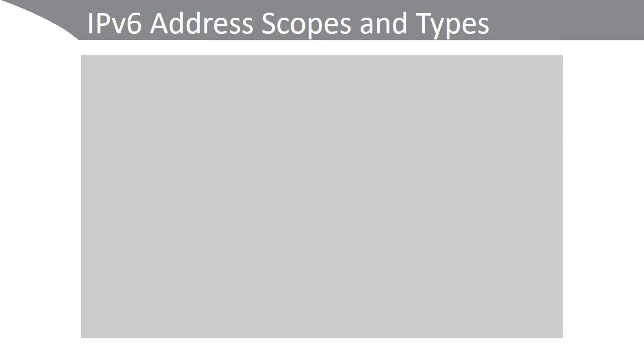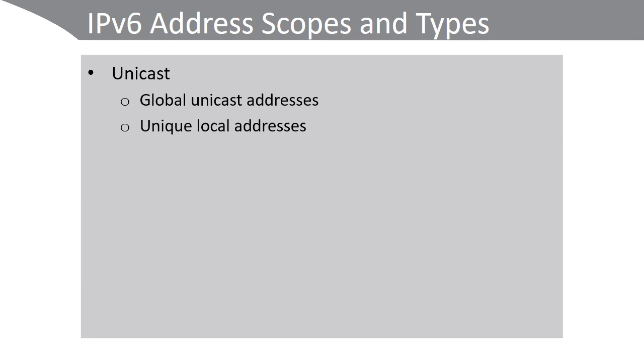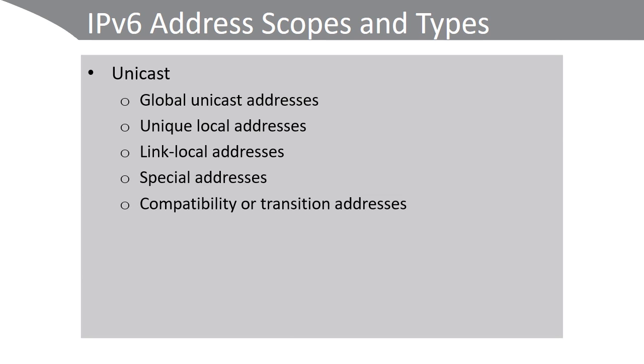The same is true with IP6, but the terminology is slightly different. A unicast address can be one of the following: a global unicast address for use on the internet, a unique local address for use locally, and a link local address, which is similar to the 169.254 address. You can also have special addresses and addresses for compatibility or transition.